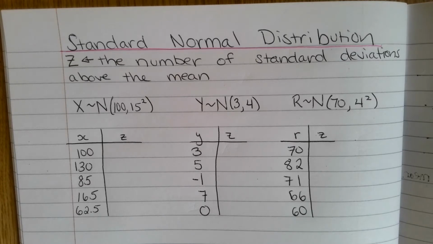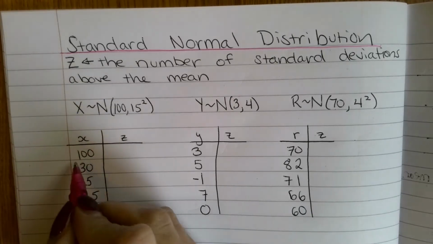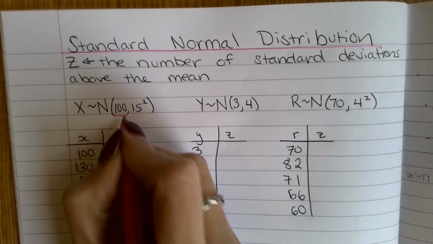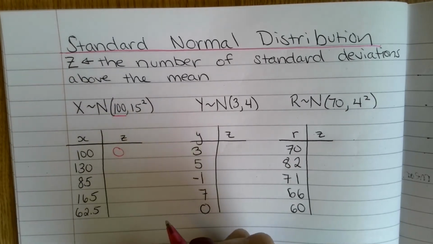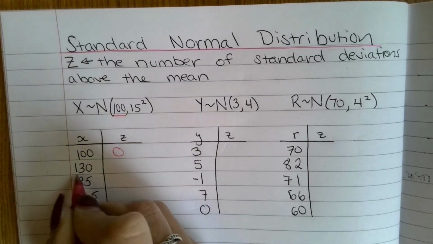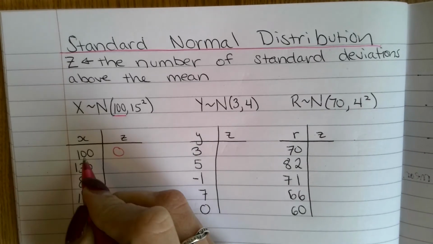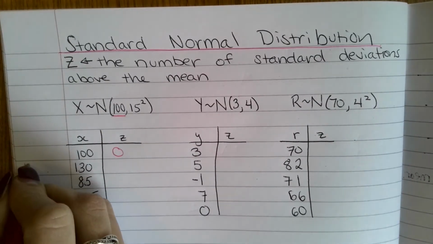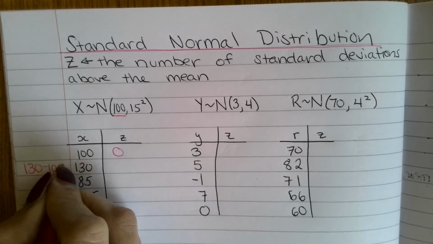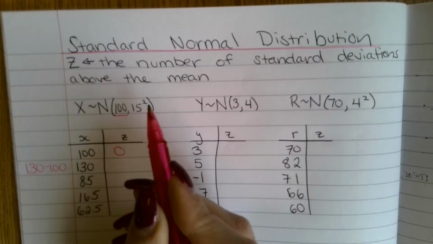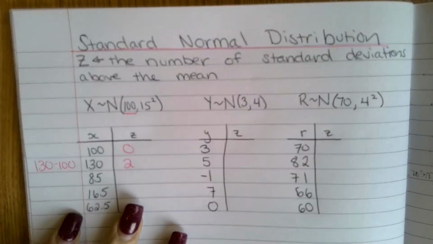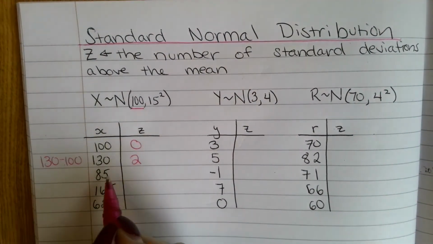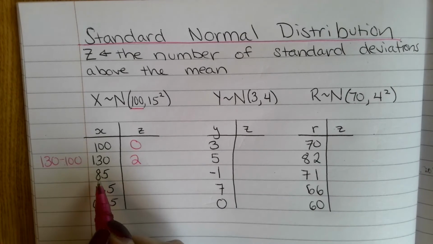Okay, since it's the number of standard deviations above the mean, 100 is my mean, so it is no standard deviations above itself. 130 is 30 from the mean, and that is 2 standard deviations. 85 is below the mean.